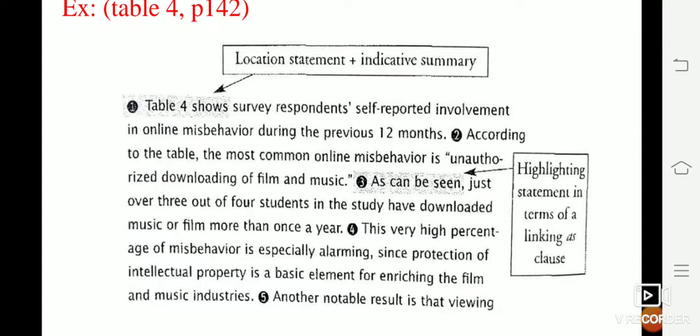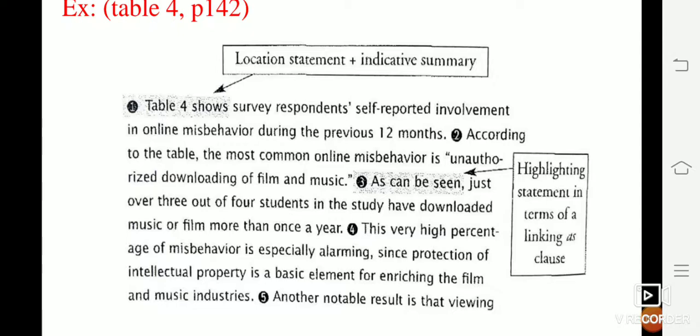Okay, stop here. So Table 4 shows, this is the location statement. So you can know where they talk about this result.